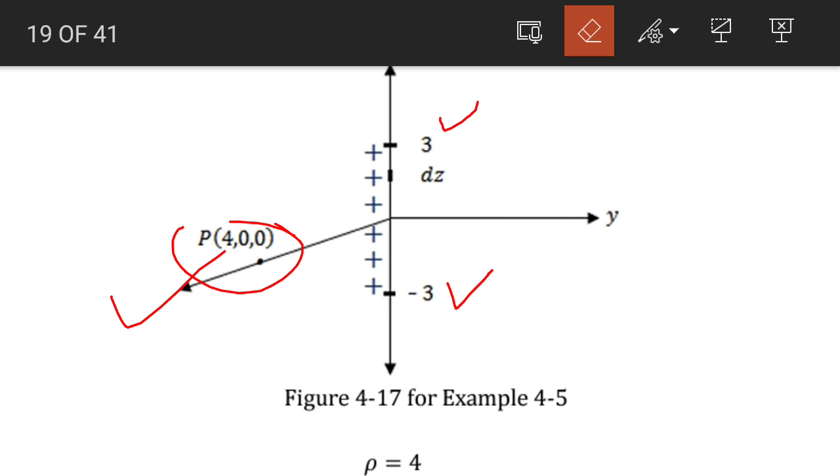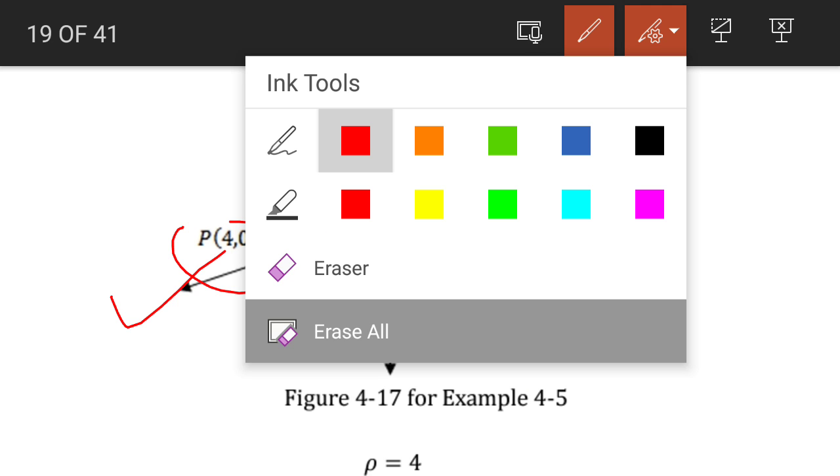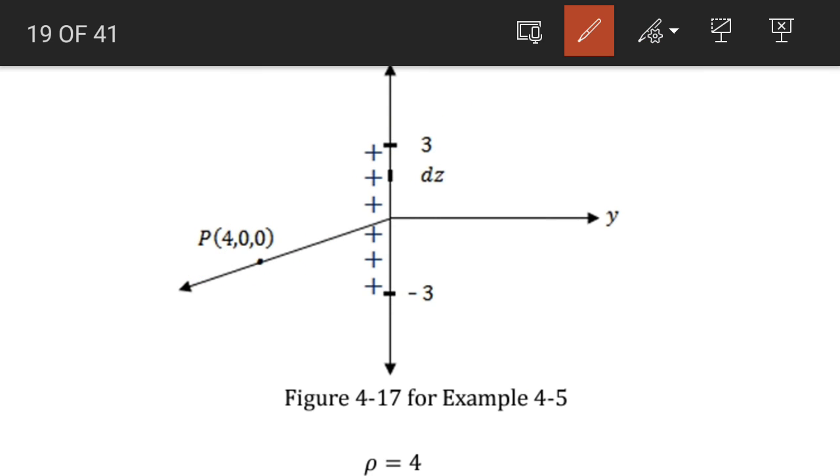We consider a very small portion of the source, which is represented by dz, right?